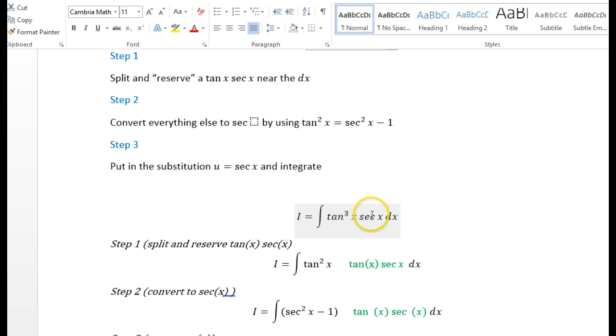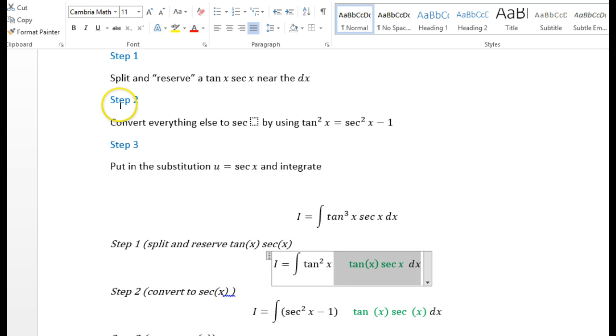So from the integral I will reserve a tangent x secant x at the end. Okay, and see how I reserve that. So now one tangent x is gone and the secant x is gone. So the secant x is gone, one of the tangent x's is gone, so you're left with tangent squared, and we have the reservation.